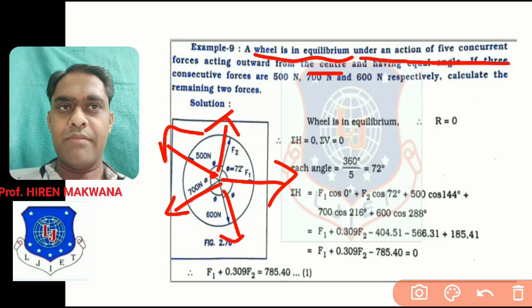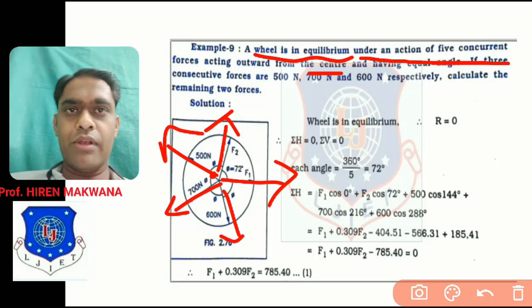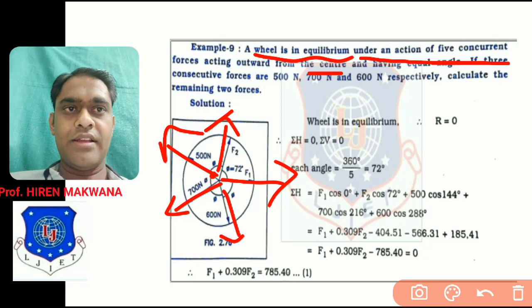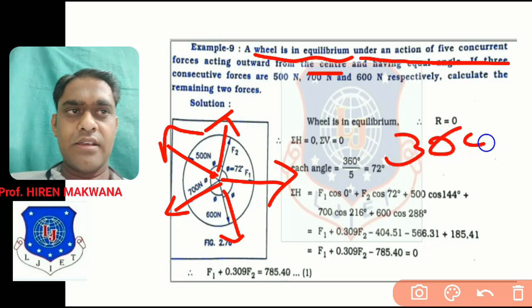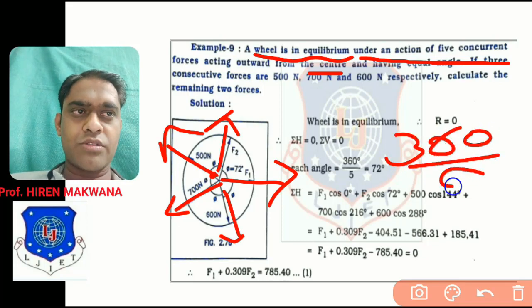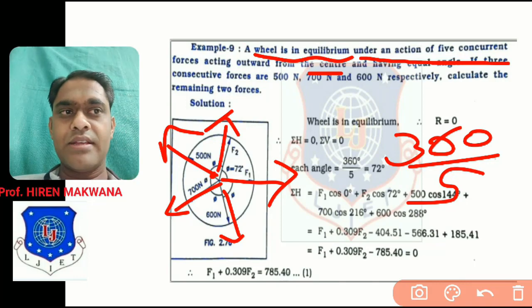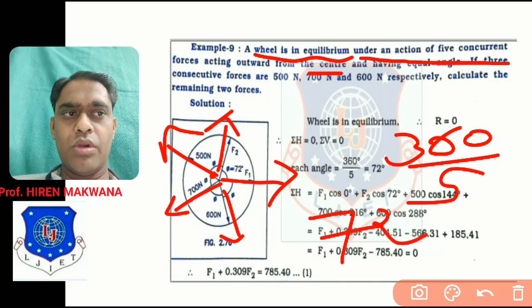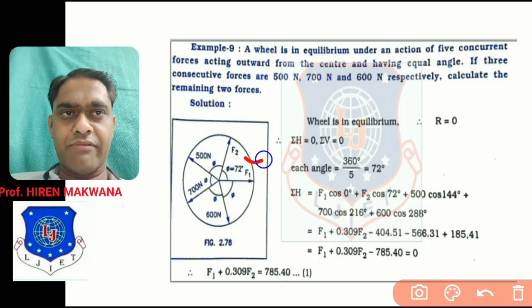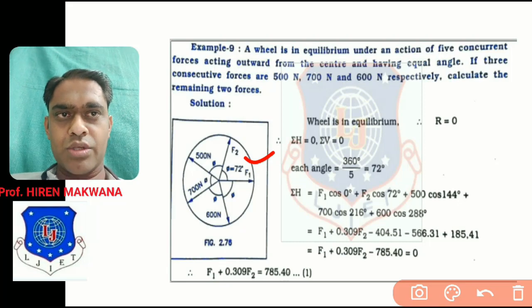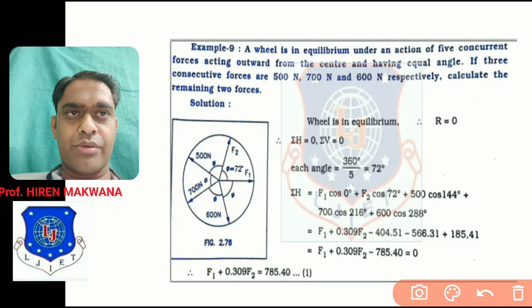Last time I showed you a formula for finding the angle: 360 divided by 5, so it will be 72. Each and every angle is 72. You can see in the figure phi is equal to 72 degrees. So all the angles are equal and of 72 degrees.